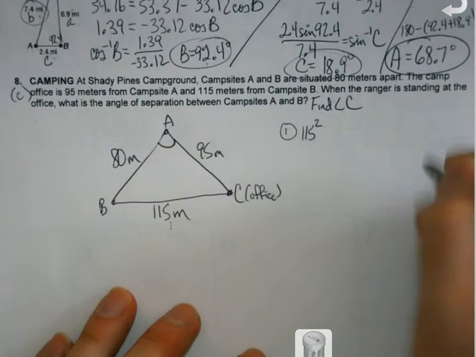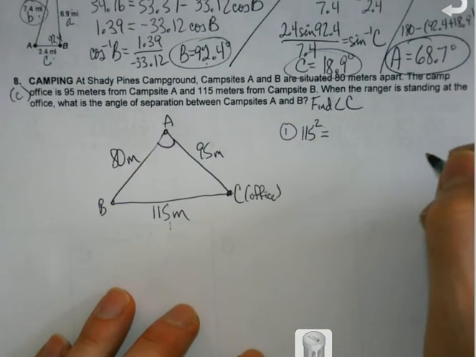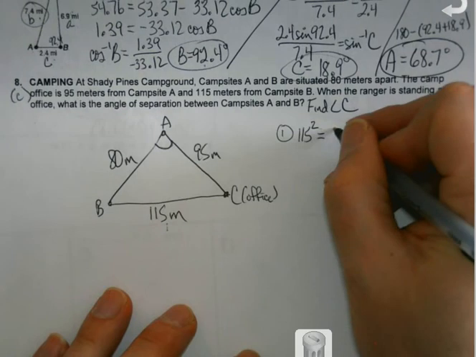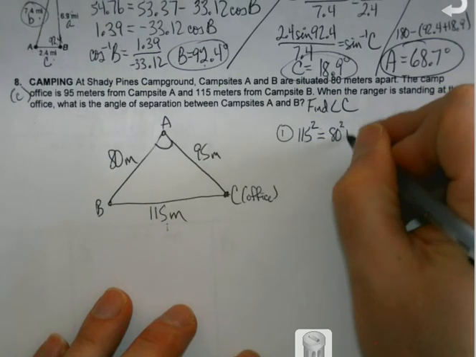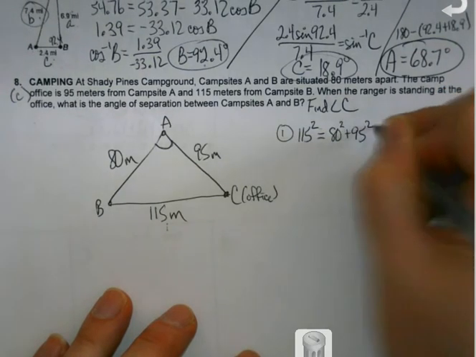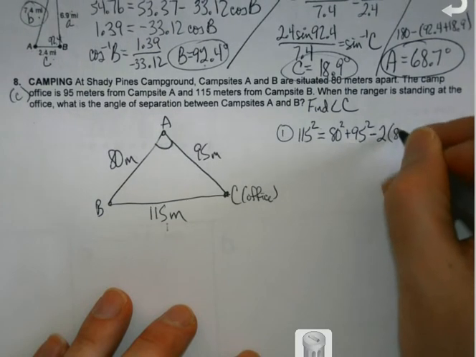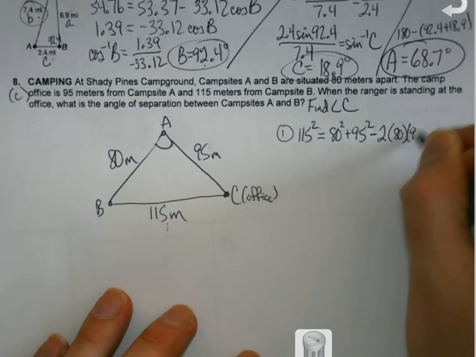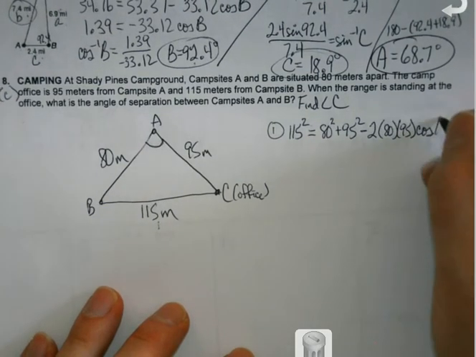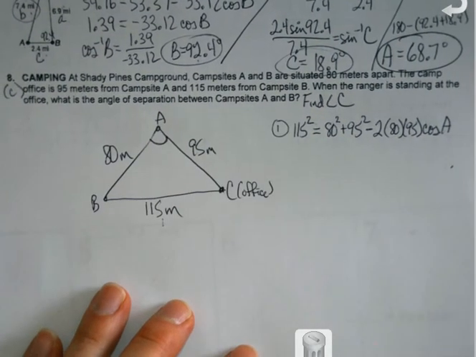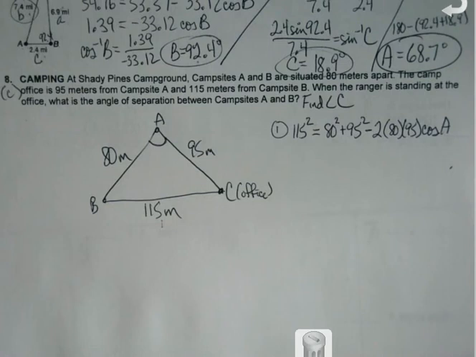So A squared equals the sum of the squares of my other sides minus 2 times their product times the cosine of A, because that happens to be the angle that we're going to find.